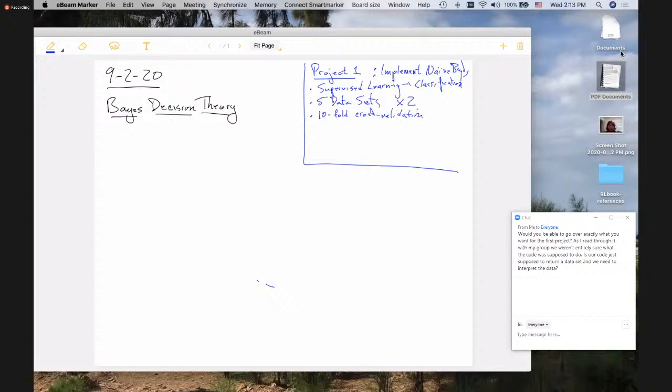So what that means is for each of those now 10 data sets, you're going to run 10 experiments. And so that means over the course of the entire project, you are generating 100 models and then testing each of those models.